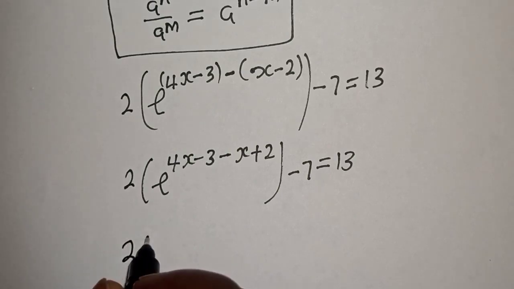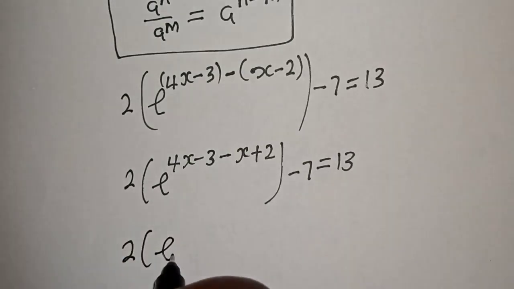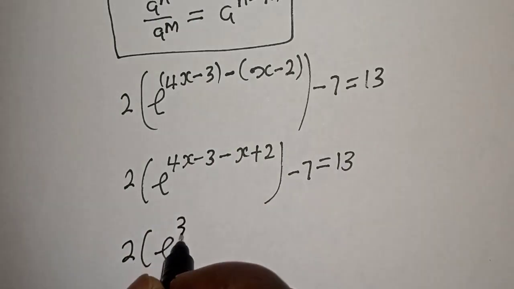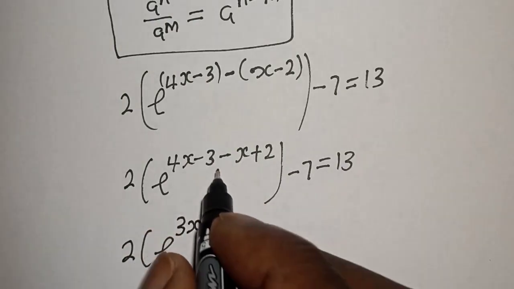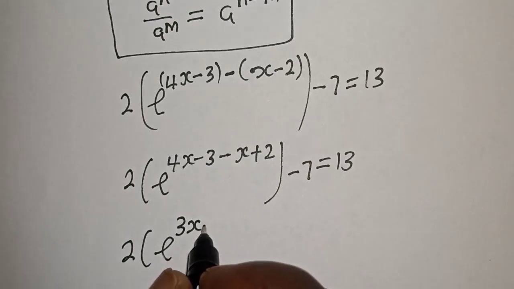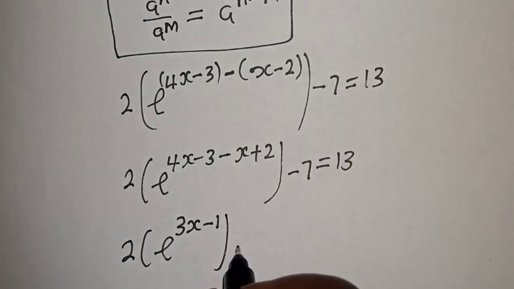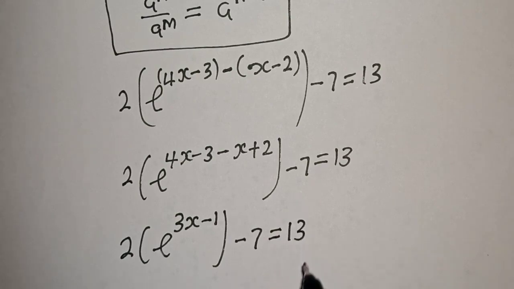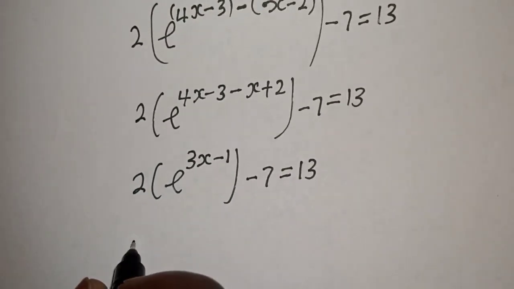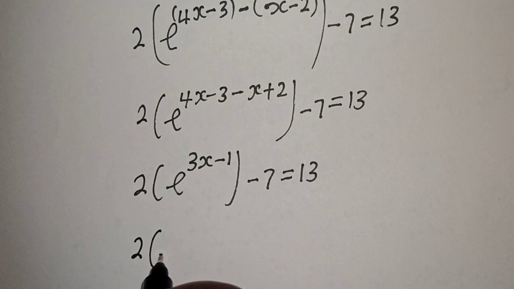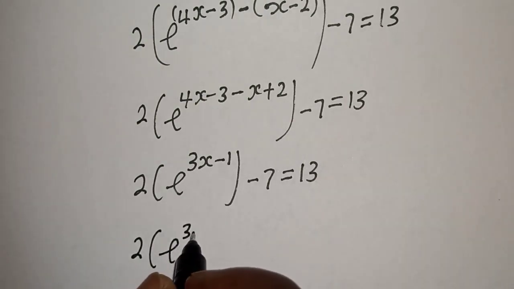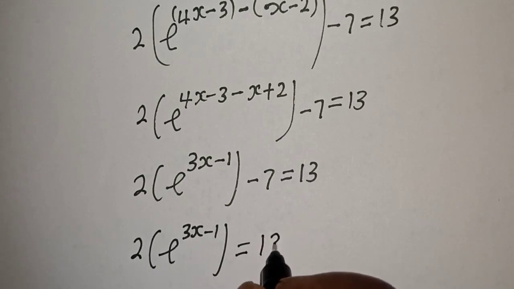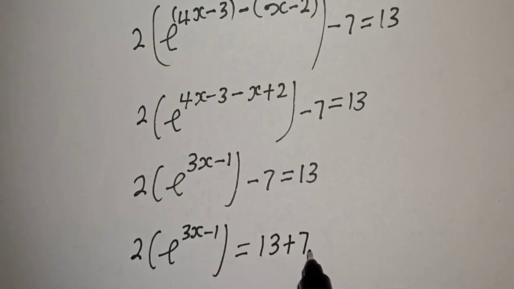Here is 2 bracket e raised to power 4x minus x, that is 3x, minus 3 plus 2, that is minus 1, minus 7 is equal to 13. 2 bracket e raised to power 3x minus 1 is equal to 13 plus 7.